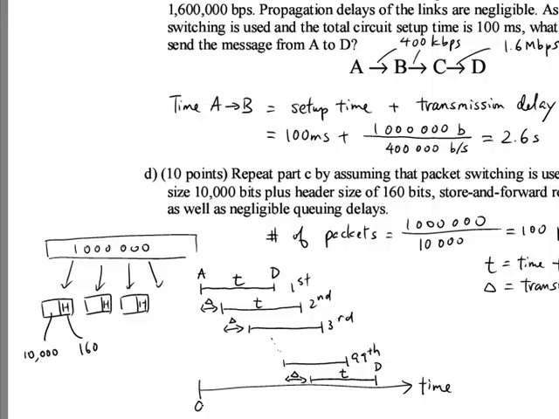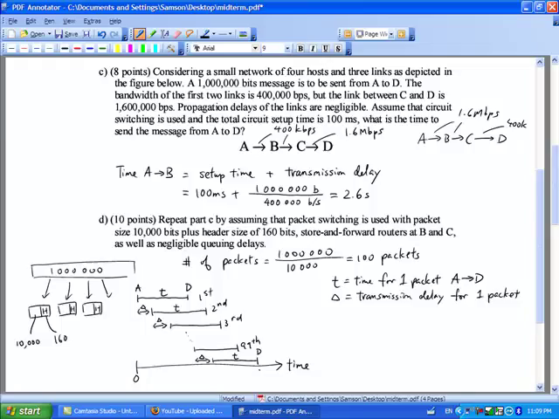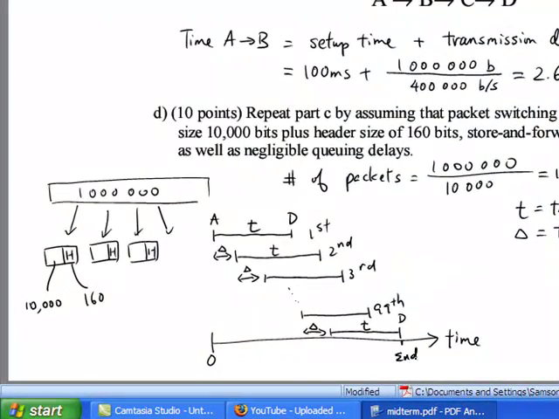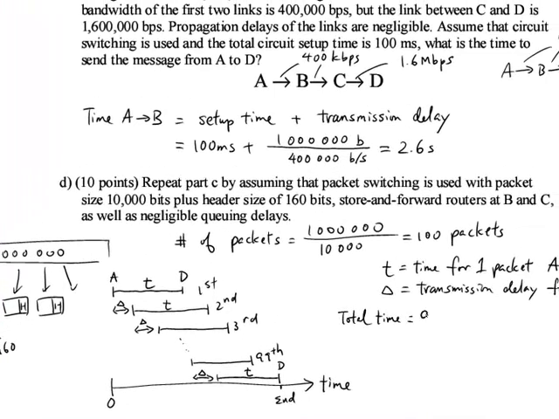So the total time, counting from time 0, when the first packet is sent, all the way to the end, is equal to 99 delta, because there's one delta associated with all the packets except the very first one, plus you also have to consider the transmission time for the last packet to leave A and arrive at D. So that will be t.